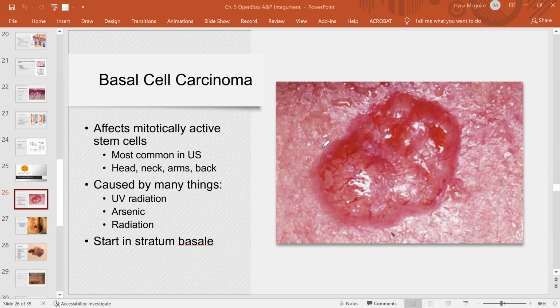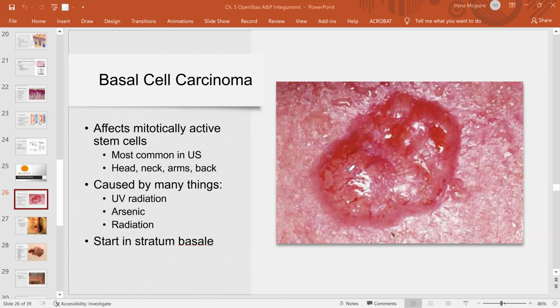And this is a picture of the cancer, how it might look. One feature that can help you identify it, or at least be more concerned if you see it in your patient, is that you will see lots of blood vessels within this tumor.